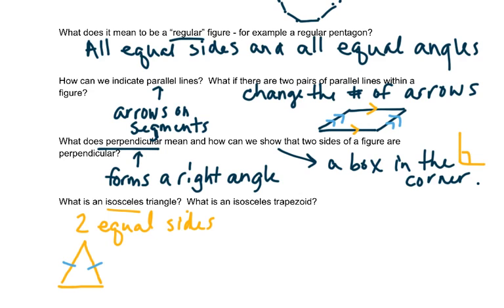An isosceles trapezoid is where the two non-parallel sides are equal in length. So these two are parallel, so we're going to put the arrows, and then the two non-parallel sides are equal in length, so we're going to put the markings there that show that they're equal in length.